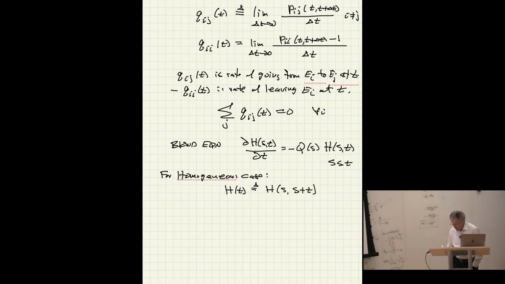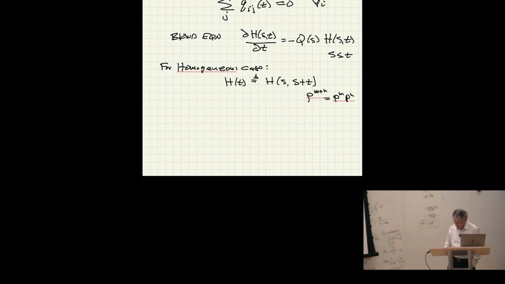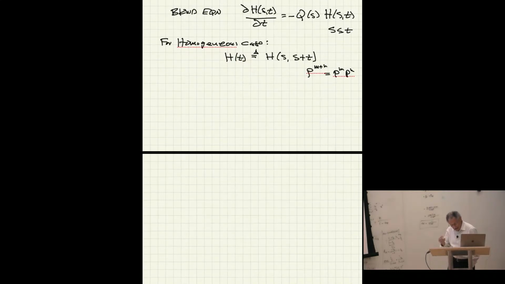In other words, all you care about here is the time difference. If you remember, P to the m plus n power was equal to P to the m times P to the n. Similarly here, where P didn't change, similarly, H is not changing. So all you care about is the length of time you're talking about, the interval.